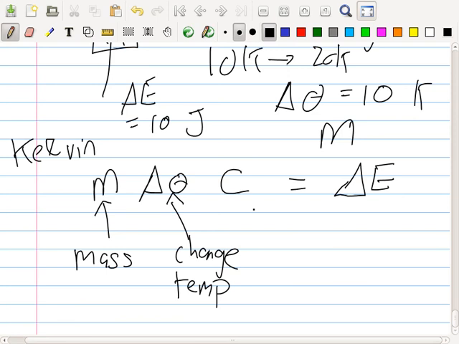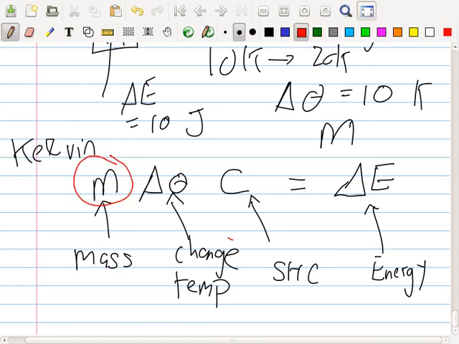This is called specific heat capacity, and this is the energy. Kelvin. Now I'm saying the formula makes sense, because if you think about it like this, if I keep this fixed, the mass is fixed, and this tells me how much energy I can have inside it.